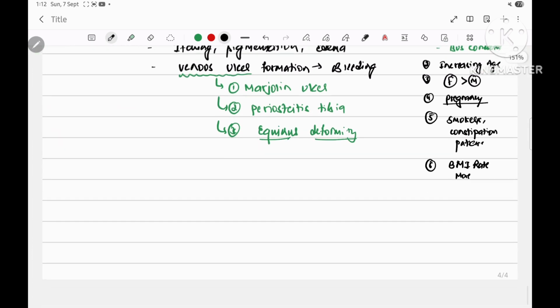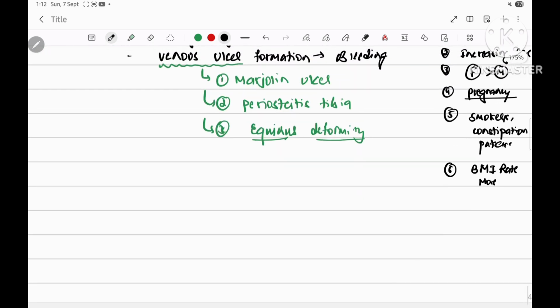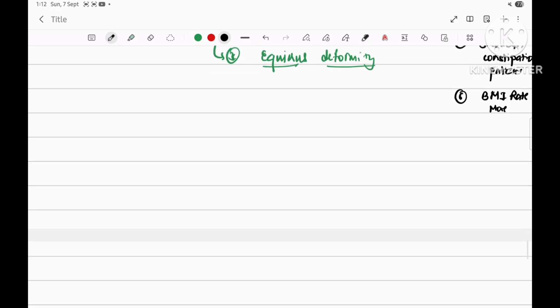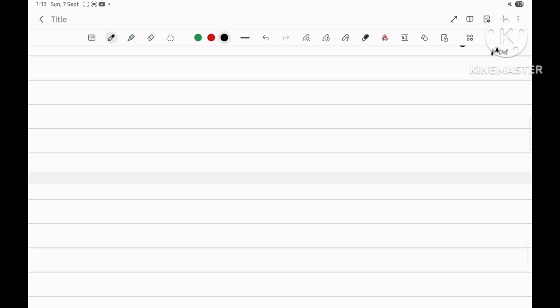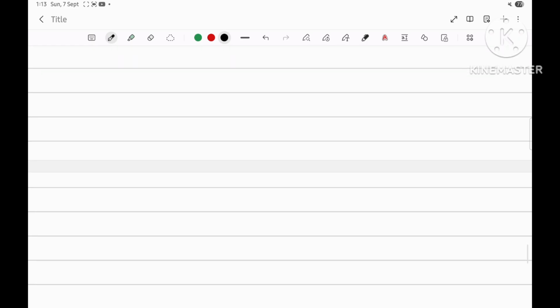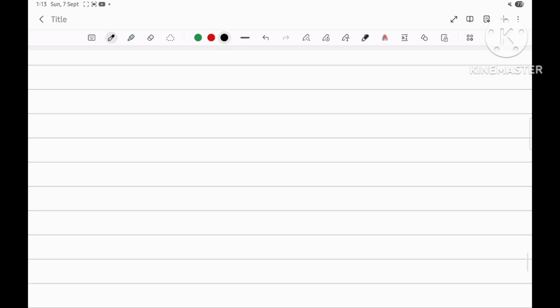Now when a patient presents with varicose vein, we are supposed to do the clinical test. This clinical test is very important in both the theory exam and viva exam. In my surgery examination, I was given a short case of varicose vein, and I was supposed to do the examination.